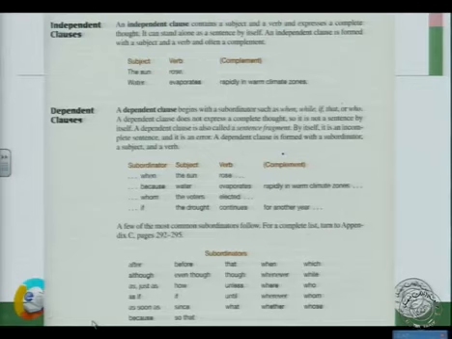It can stand alone as a sentence by itself. A dependent clause begins with a subordinator such as when, while, if, that, or who, and it doesn't express a complete thought, so it is not a sentence by itself. Of course, all these subordinators we explained in detail in lecture number 12.